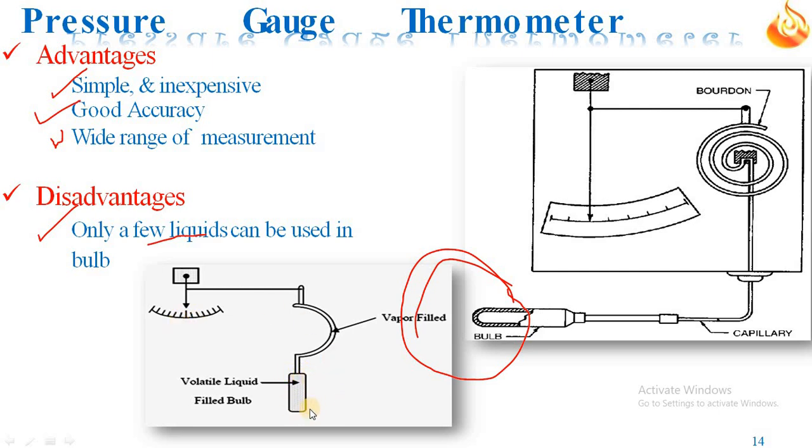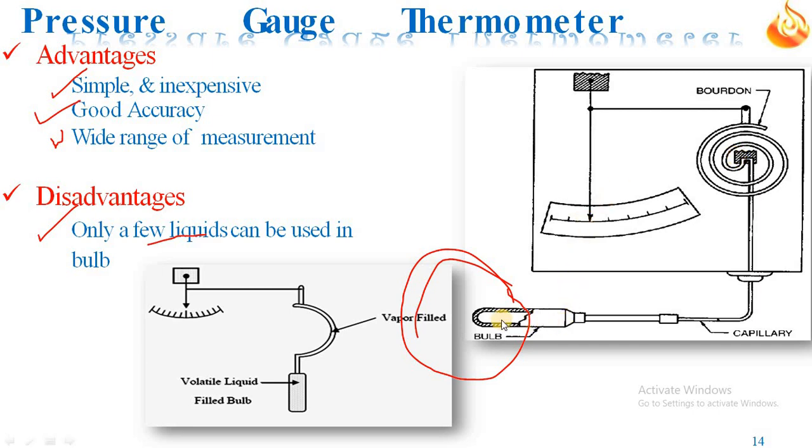As I told earlier, this instrument consists of two different parts combined together. Up to this part we can consider it a thermometer, and beyond this part it is similar to what we call a Bourdon tube pressure gauge.